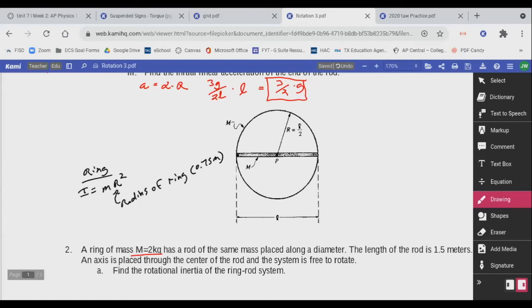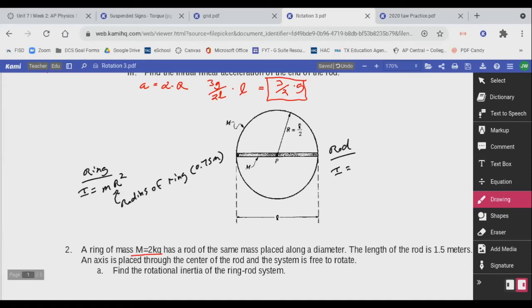All right, then I'm going to use the other side. I'm going to just make this the rod. And this rod is rotating about the center. So what is its moment of inertia? A rod that rotates from the center. What does I equal? 1/3 ML squared.